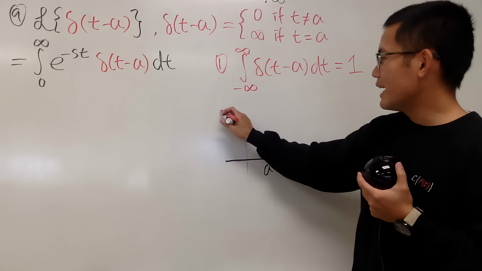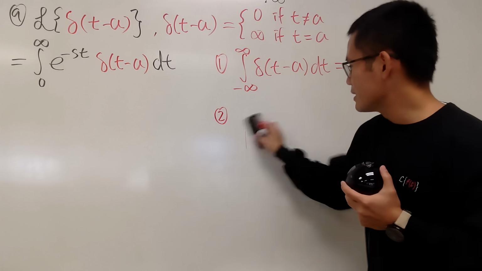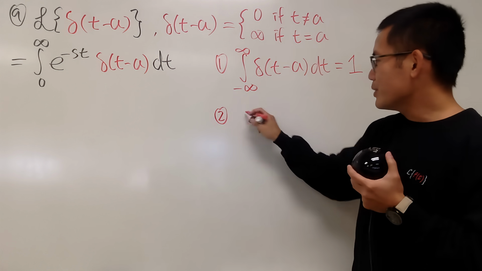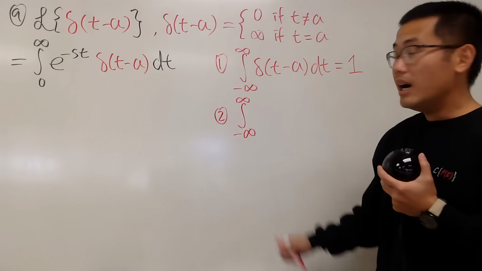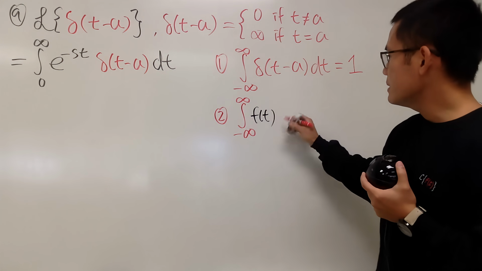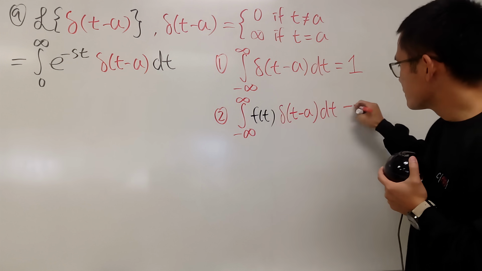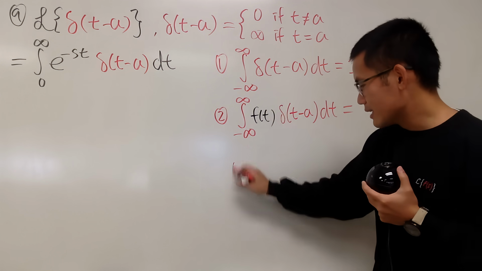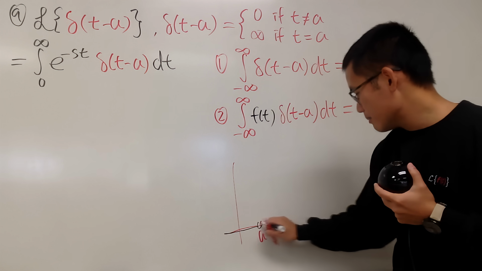And in fact, you also have idea number 2 right here. Let me erase my picture and the infinity here. Idea number 2: if you have the integral from negative infinity to positive infinity of a function, let's say f of t, times delta of t minus a, well, again, let's think about it as a picture. Here's a, anything but a is 0.